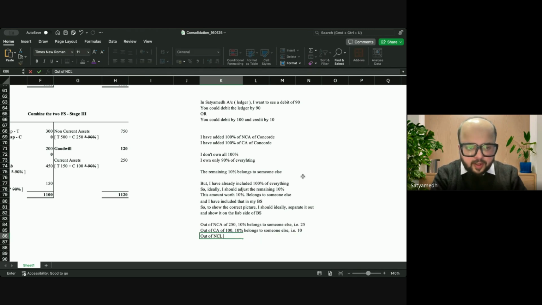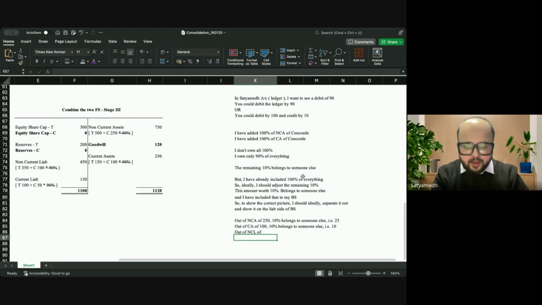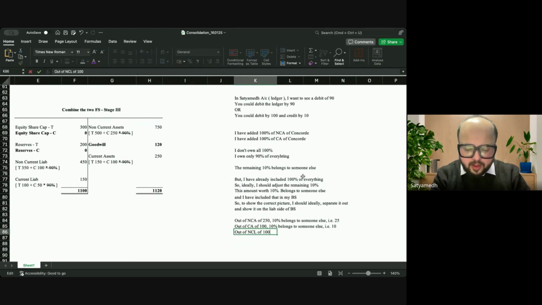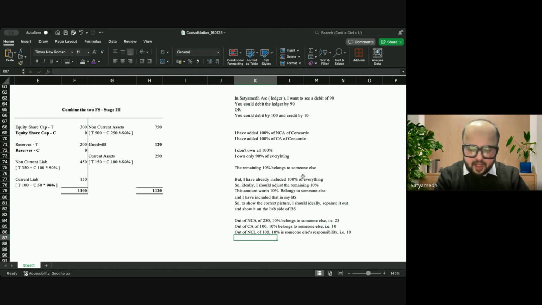Out of non-current liability of how much? 100. Out of non-current liability of 100, 10% is someone else's responsibility. That is 10. And out of current liability of 50, 10% is someone else's responsibility.